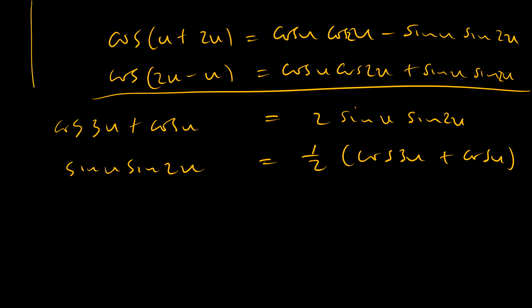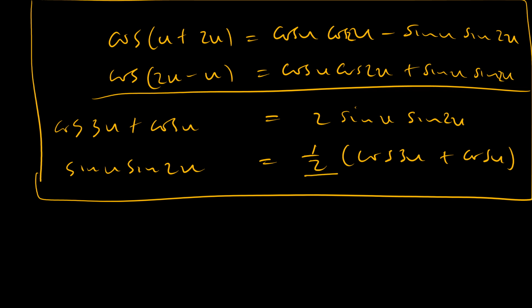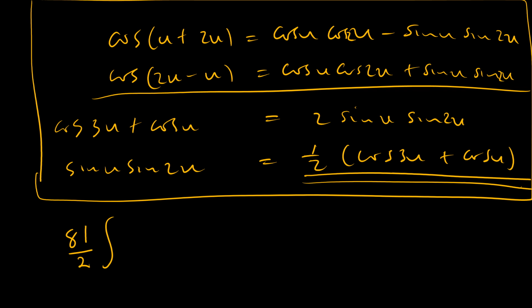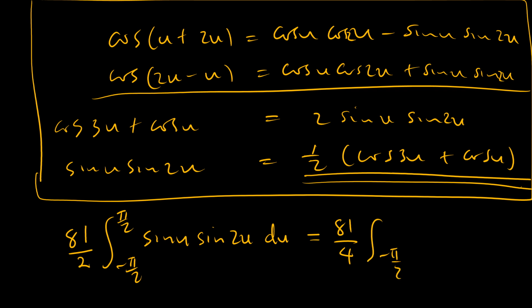So using this relationship, and particularly this last part here, we can now say that our 81 over 2 integral from negative pi over 2 to pi over 2 of sine u sine 2u du is the same as 81 over 4 integral from negative pi over 2 to pi over 2.